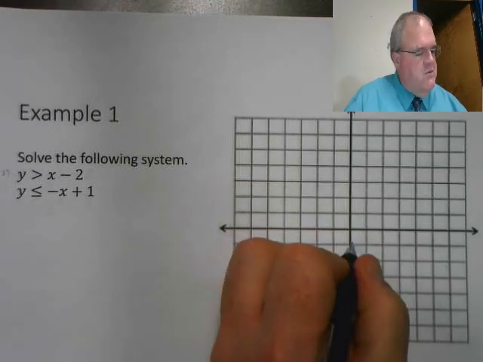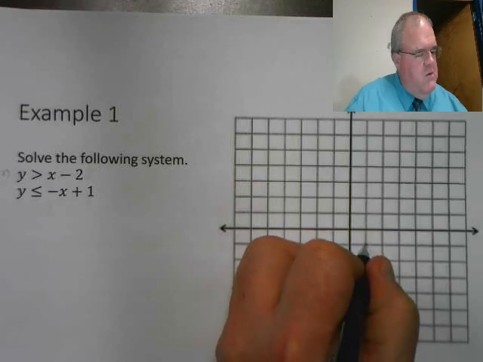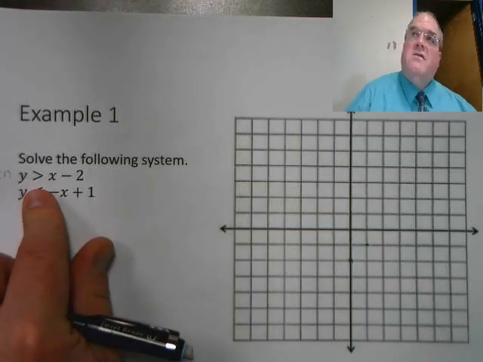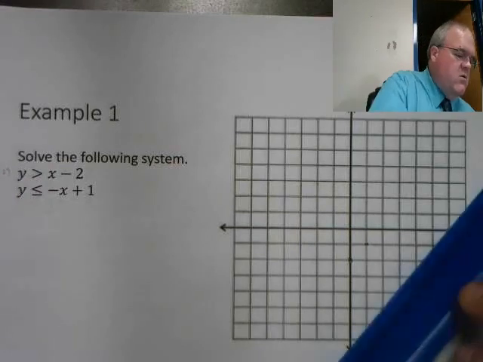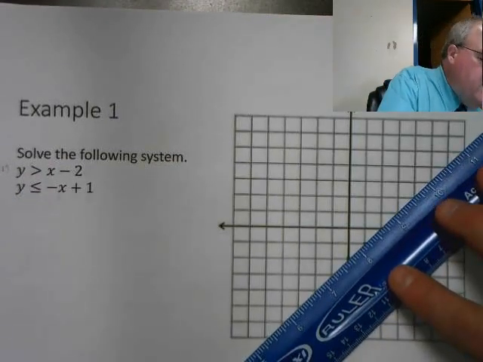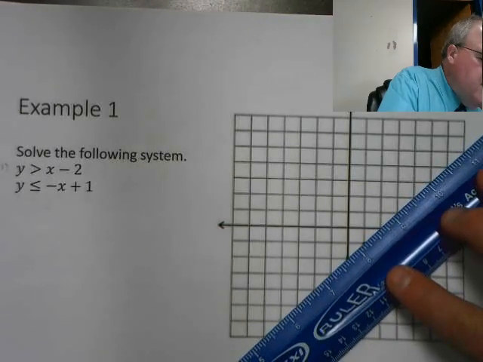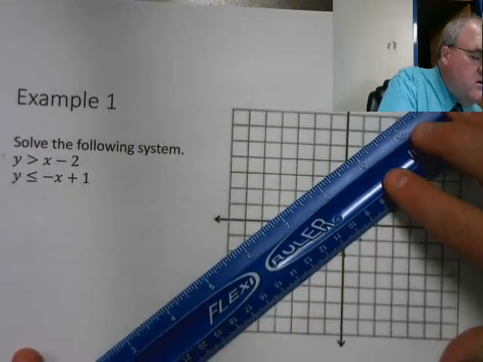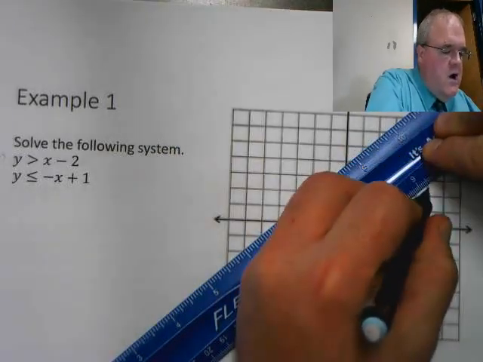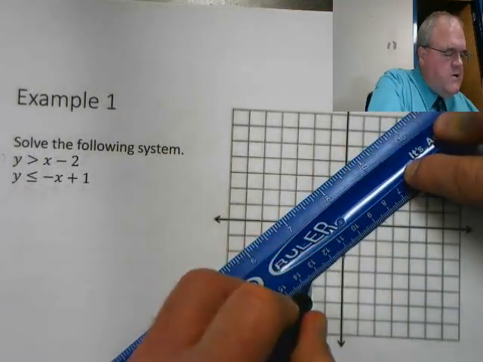My slope is 1, so I go up 1, right 1. Now, this does not have an equal sign associated with it, so this is going to be a dashed line. So I'm going to draw a dashed line.